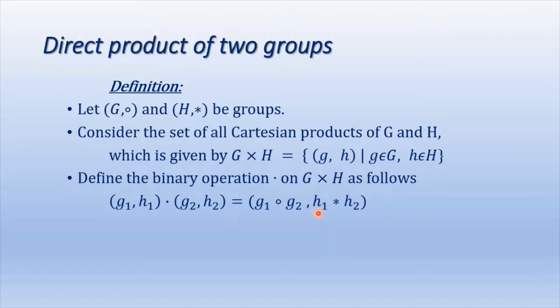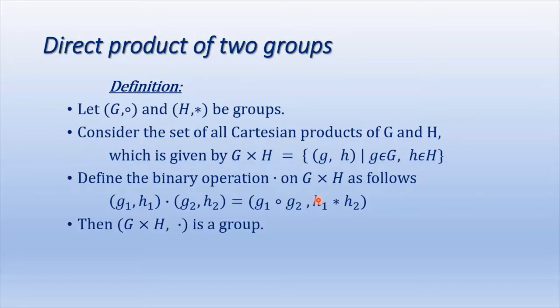Here the first two elements are from the first set G, so you do the dot operation which is defined on G. Similarly, the second two elements are from the set H, where we had the binary operation star, so you do this operation. So this is a well defined binary operation.